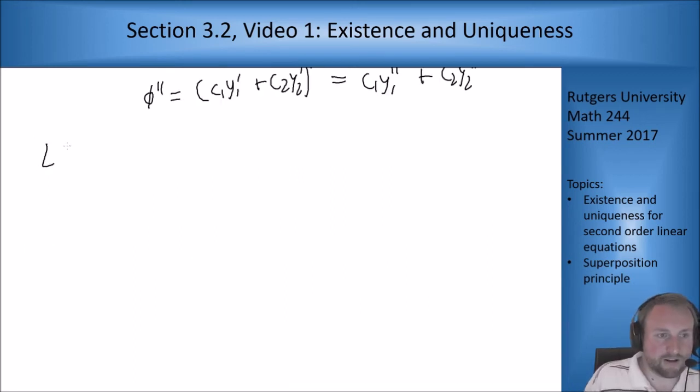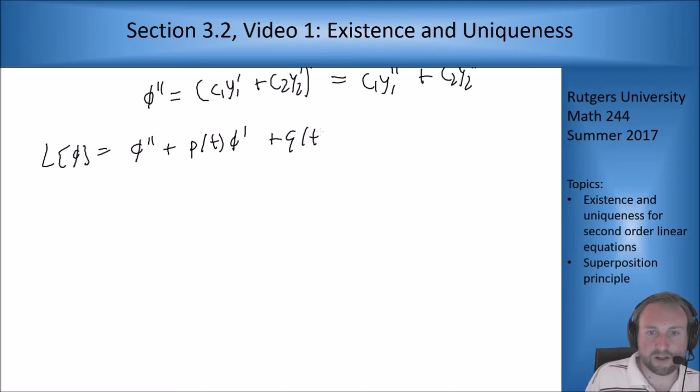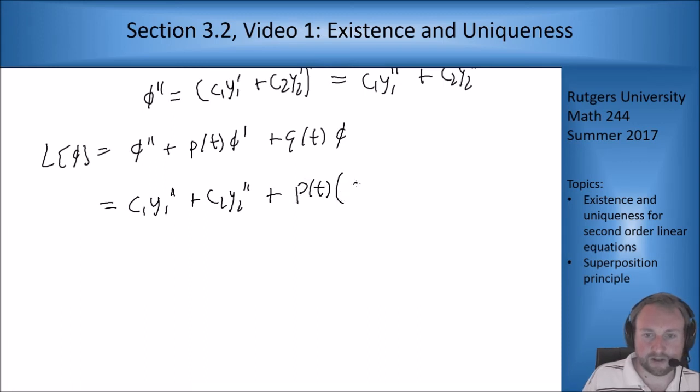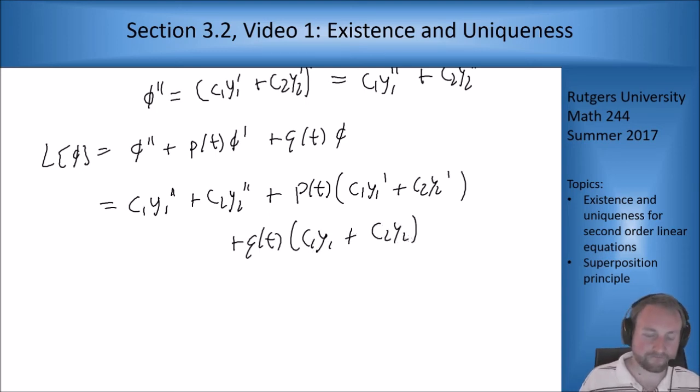So L of phi is phi double prime plus p of t phi prime plus q of t phi. So this is C1y1 double prime plus C2y2 double prime plus p of t times (C1y1 prime plus C2y2 prime) plus q of t times (C1y1 plus C2y2).